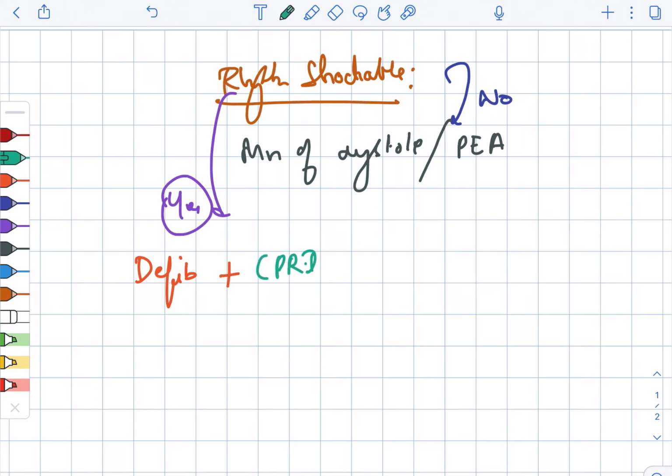This is done for 2 minutes, and next there is also amiodarone or lidocaine given, along with treating the reversible causes.